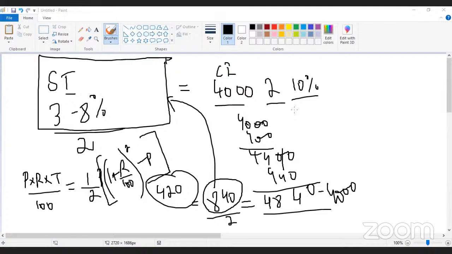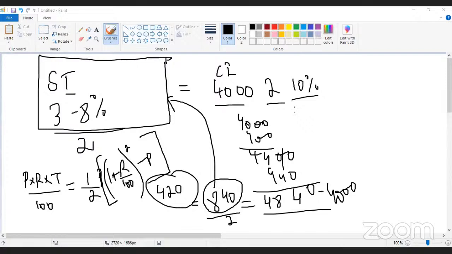1750. Okay, how? How do you say it is option C? Calculating P. So what is P's value?